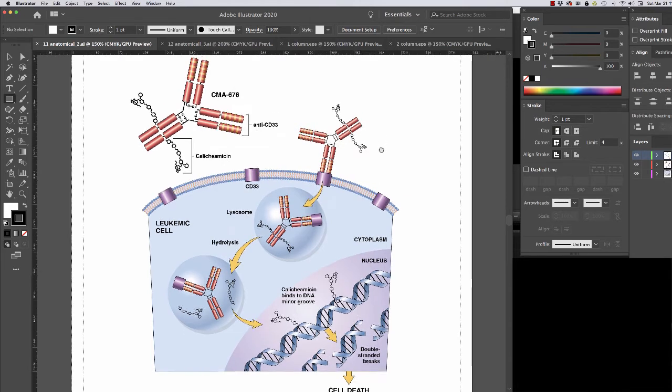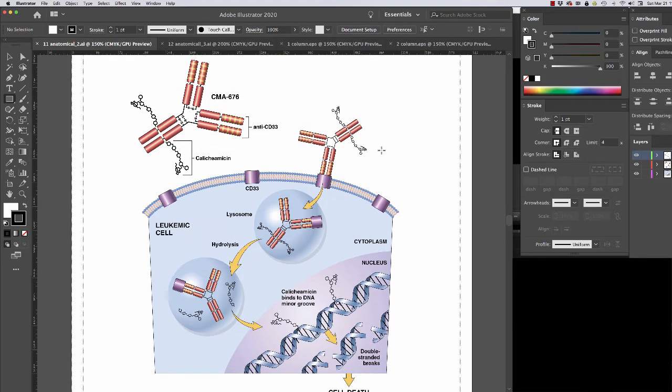Here's another example of a process that is superimposed, in this case over a picture of a cell, showing the flow of the process from the outside of the cell to the inside of the cell.